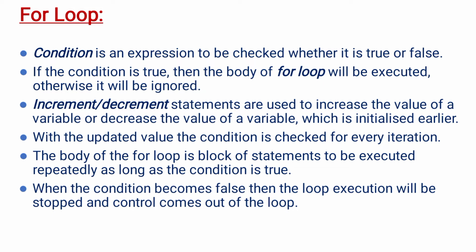The loop is terminated. After coming out of the loop, if there are any statements, those statements will be executed. If there are no statements after the for loop, the execution stops. This is about the for loop.